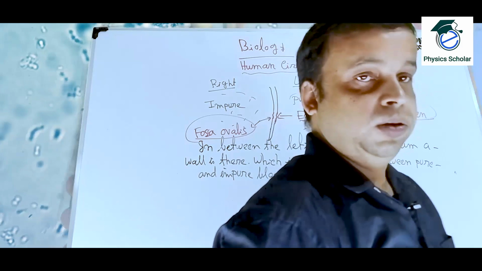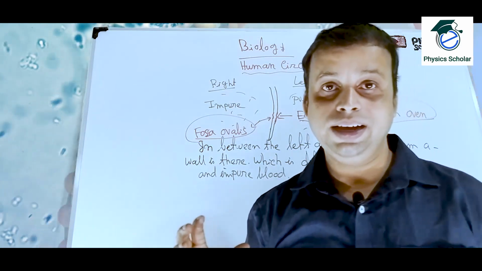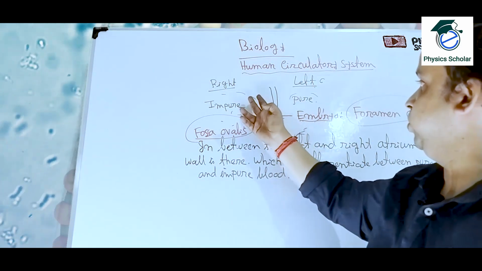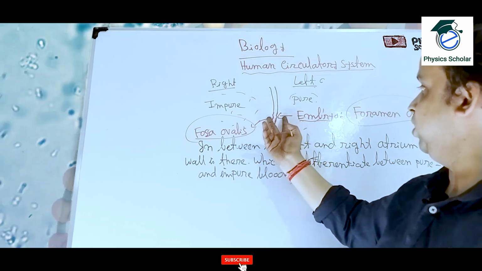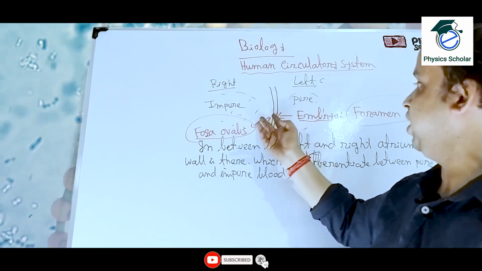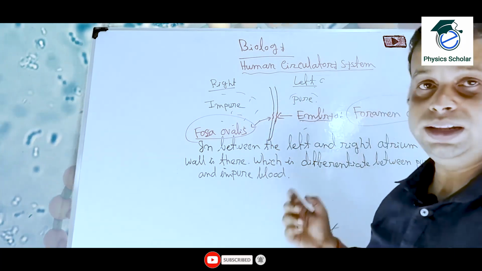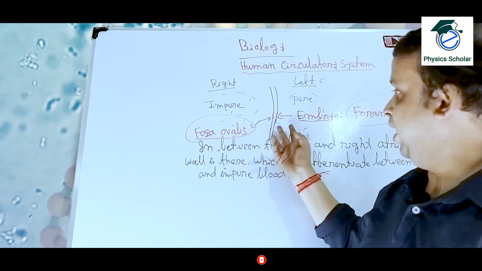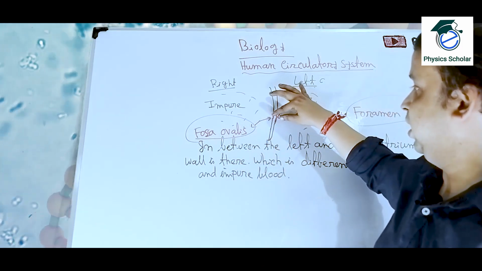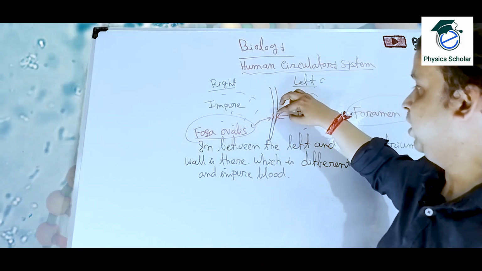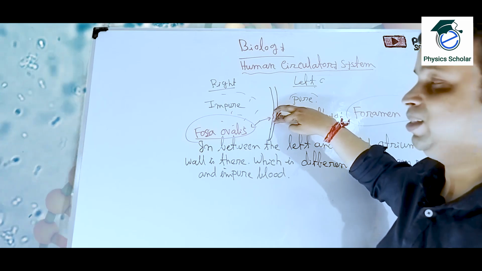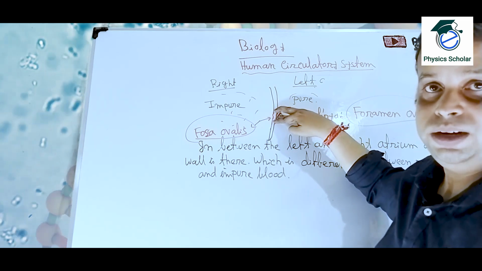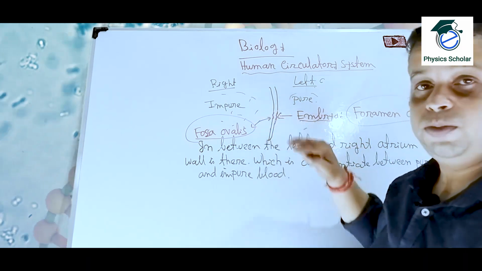So when the embryo is there, there is a small hole in the wall between the left and right atrium, which is known as the foramen ovale. Clear? And when the child takes birth, then that is repaired, and a little bit of a sign we can see, which is known as the fossa ovalis.